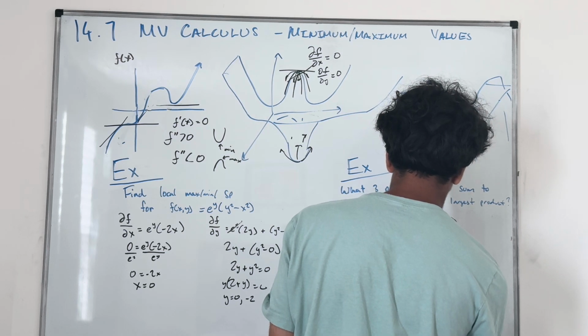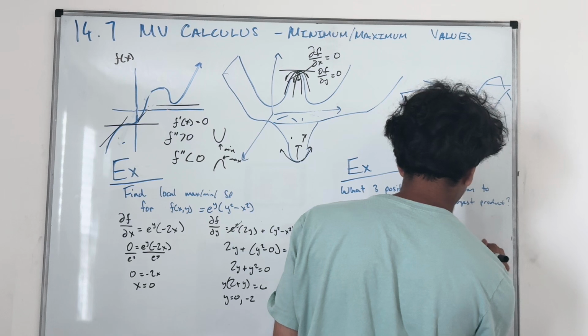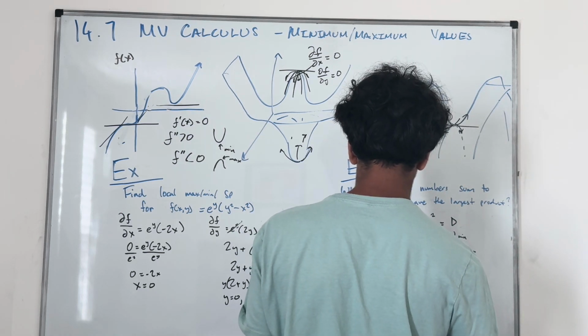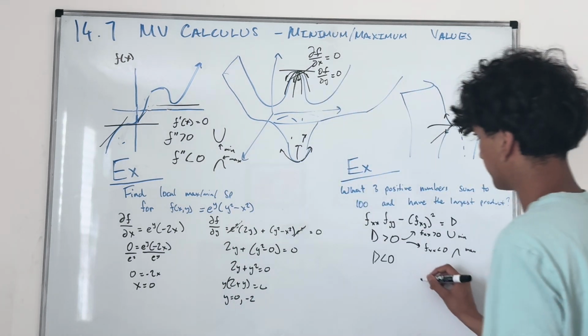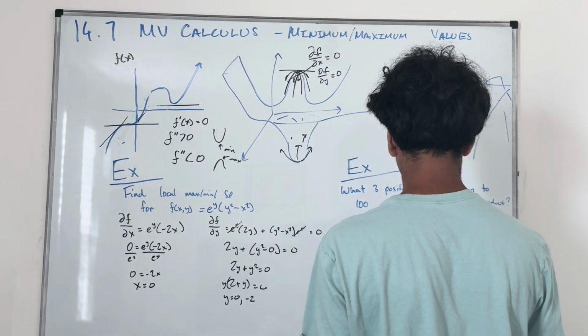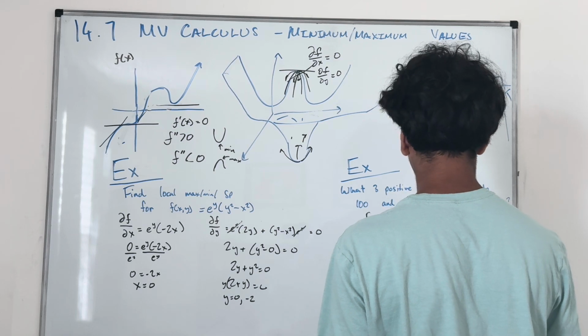If f_xx is less than 0, there's going to be a maximum. If D is less than 0, that means it's a saddle point. And if D is equal to 0, you can't use this. It's inconclusive.